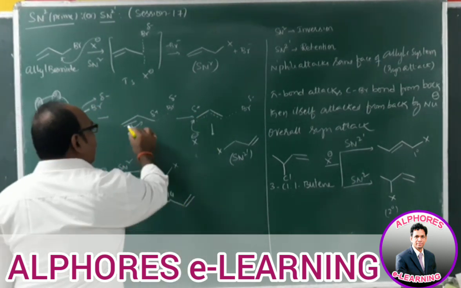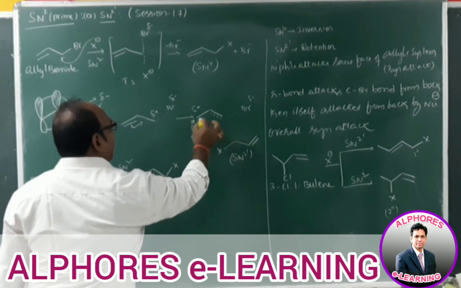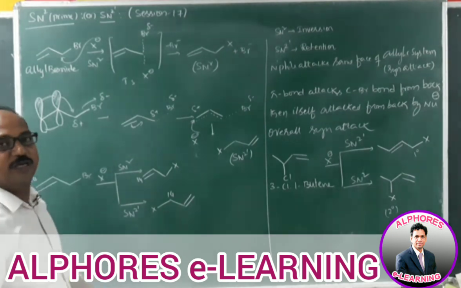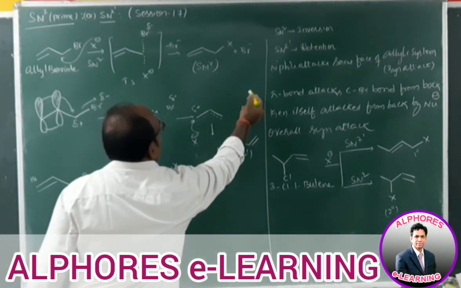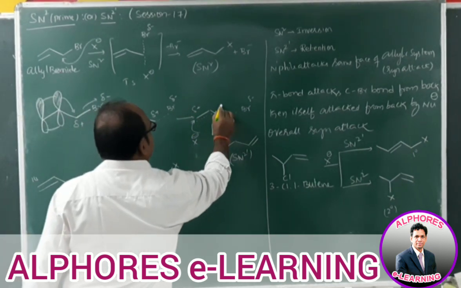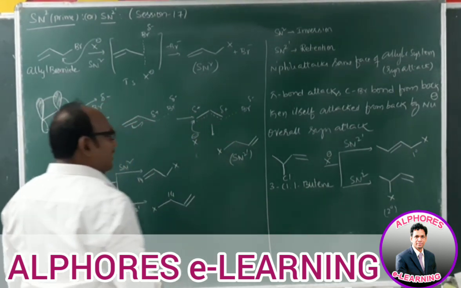So the pi electrons are delocalized over these three carbon atoms, which helps Br to leave completely.